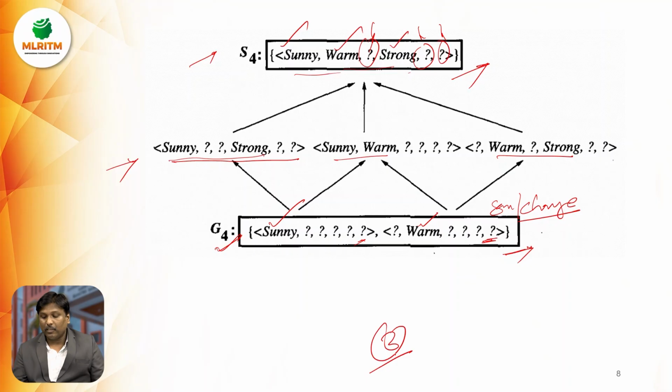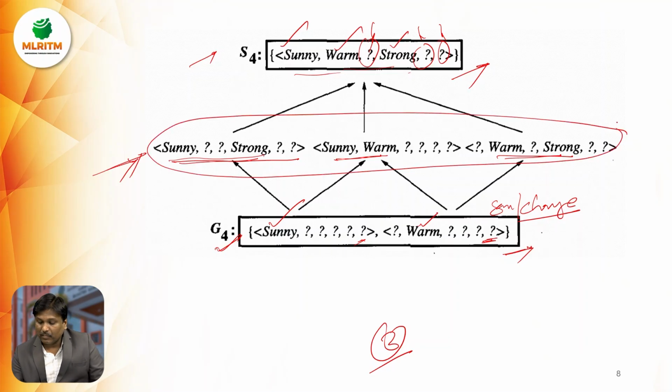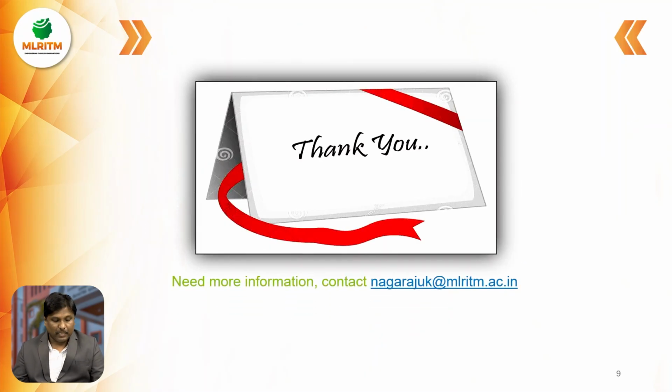We can note down the three hypotheses as sunny, strong, next sunny, warm, and warm, strong, like A, B, B, C, C, A. So we can easily note down the most suitable hypothesis. Yes, this is the final hypothesis that is suitable for enjoying the sport. Okay, so this is the candidate elimination algorithm example.